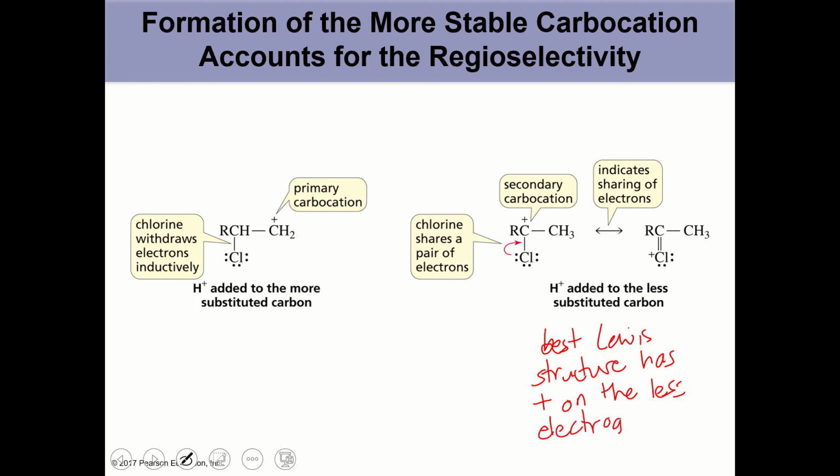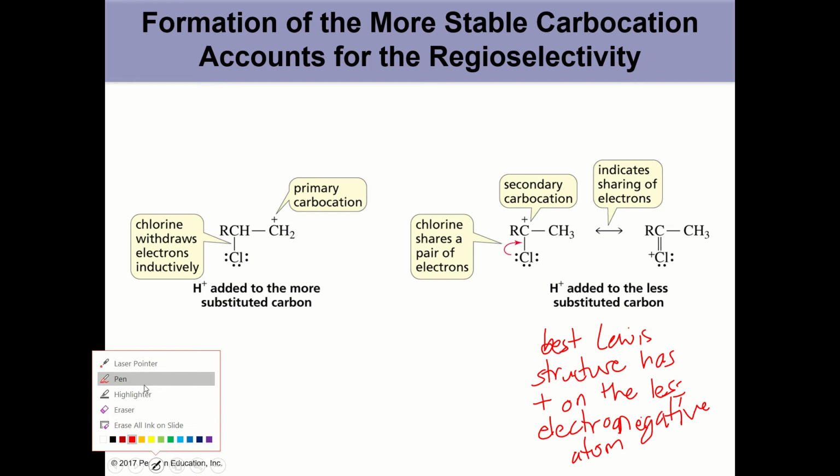And so out of the 2 options for valid Lewis structures, the positive charge at the carbon is considered the better Lewis structure. So this resonance structure is better than this other resonance structure, that has the positive charge at the chlorine.